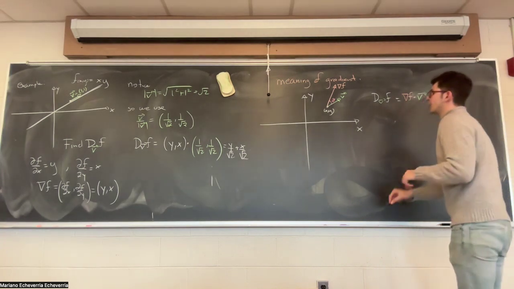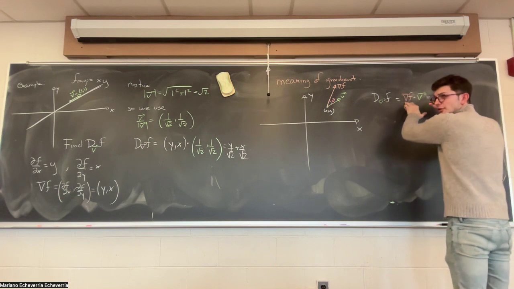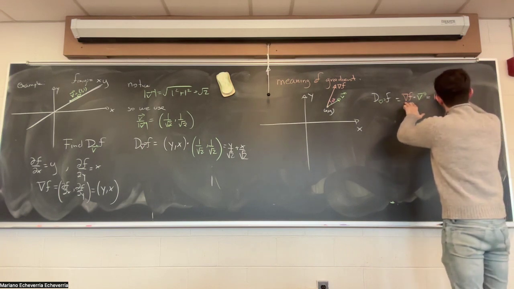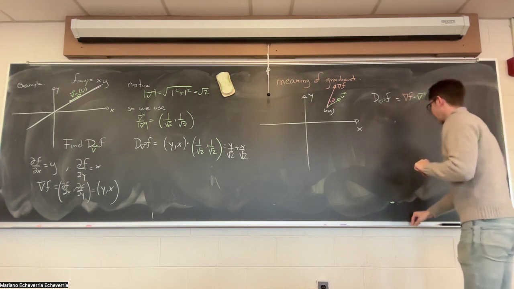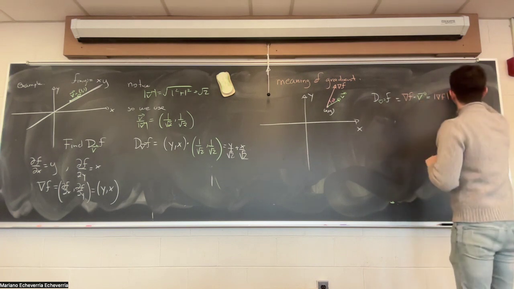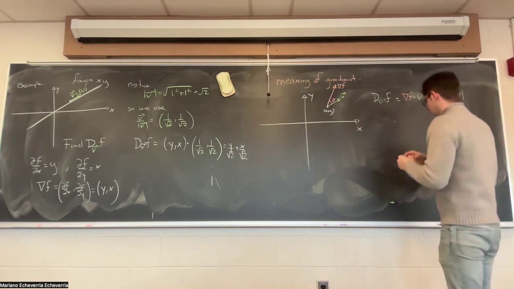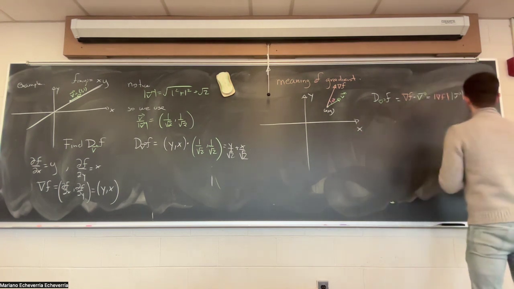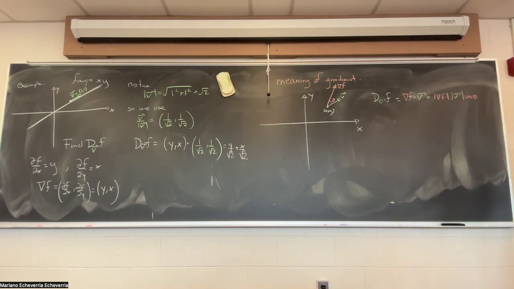If you use the other version of the dot product, it's the magnitude of the gradient times the magnitude of the vector v times the cosine of the angle between them. Okay, is that making sense?